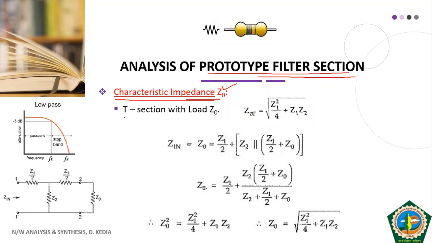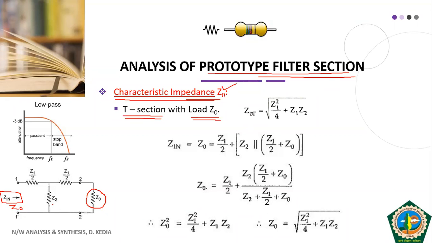So what we have considered here is a T section, and in that T section we have connected a load of value Z naught. You see, Z naught is the load impedance. Our input impedance is Z in, and this Z in also we will take as Z naught. So again, think of that maximum power transfer theorem.